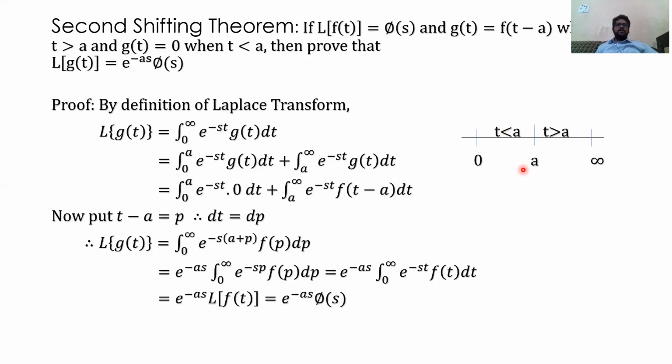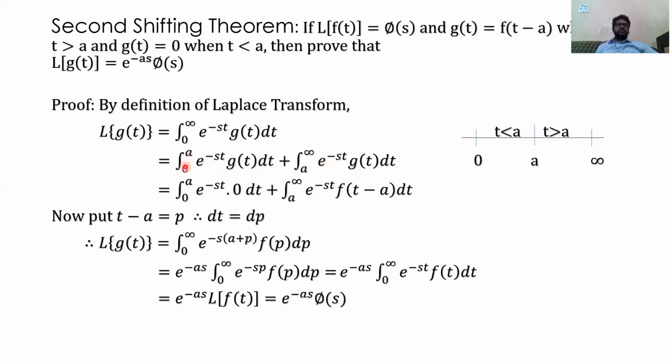So the first part is the integral from 0 to a of e raised to minus st g of t dt, plus the second integral from a to infinity of e raised to minus st g of t dt.